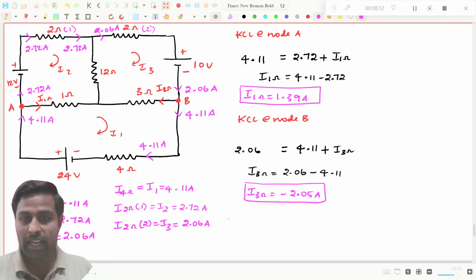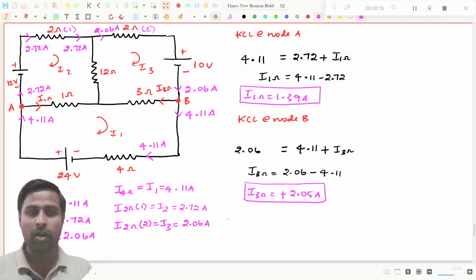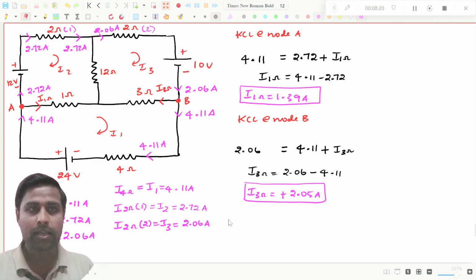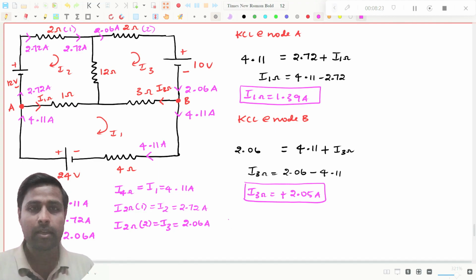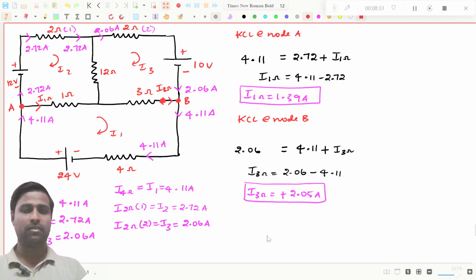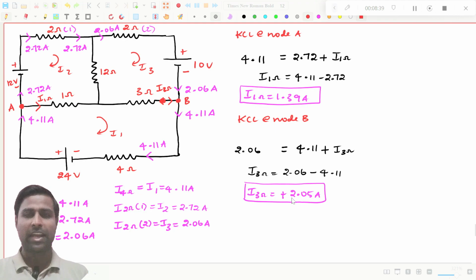You change this current to plus, and you come here and change this current direction. This should not be like this. This is wrong. It should be like this. That's all. You don't need to find it again and again, right? It is not necessary. For your clarity, I have done it like this.